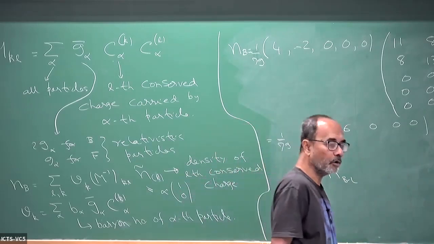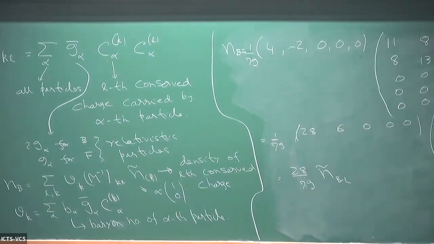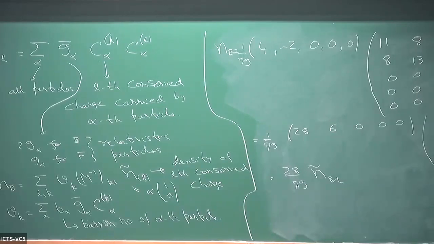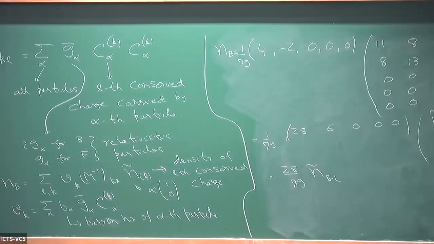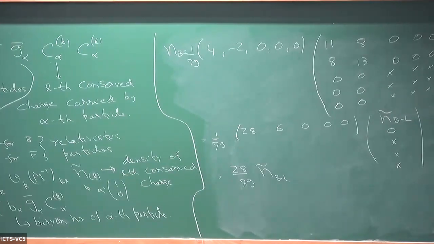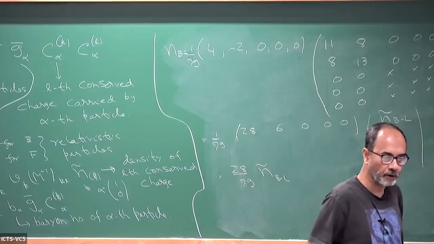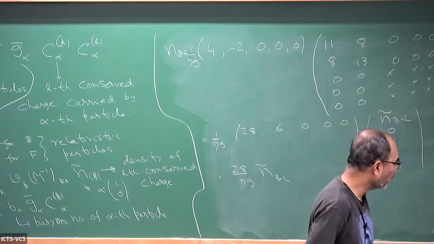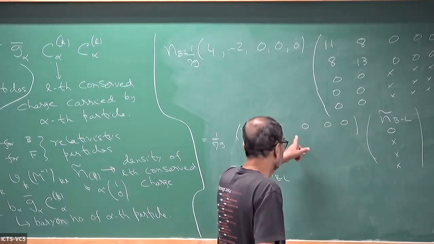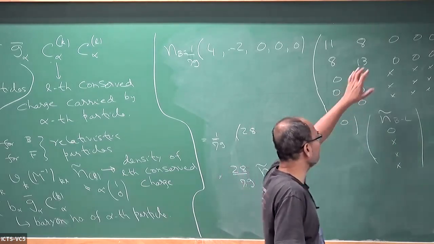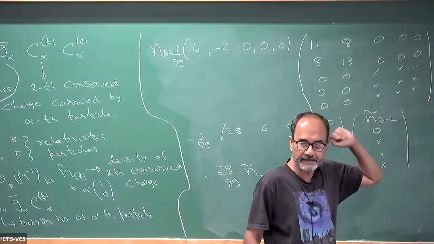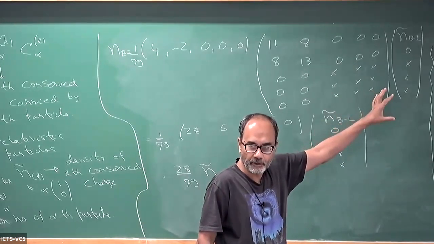Now you may want to know more. Instead of saying how many excess neutrinos there are, you may want to know how many excess electron neutrinos, how many excess muon neutrinos, and how many excess tau neutrinos there are, individually. This analysis doesn't tell you that. For that, you also have to include the other block, the rest 3 by 3 block, because those charges, Le minus L mu and Le minus L tau, are in the last 3 block.